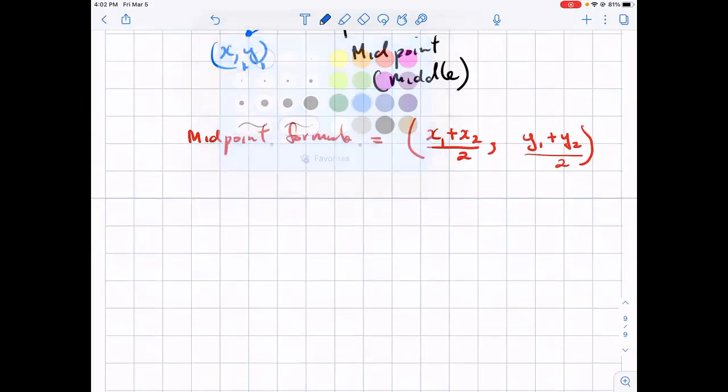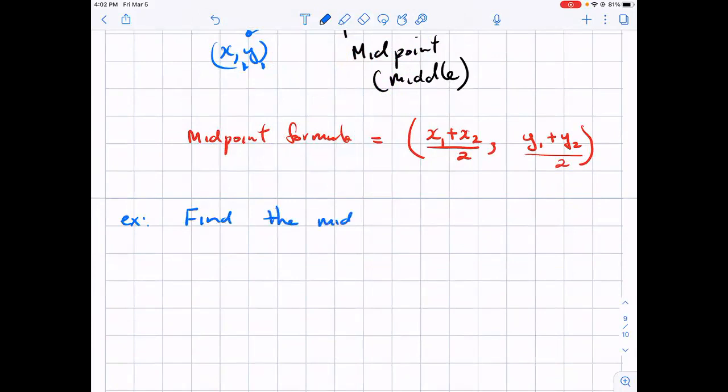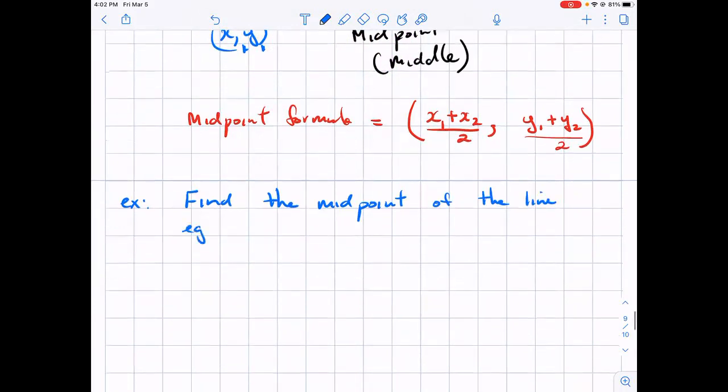So let's find the midpoint of the line segment joining the points.